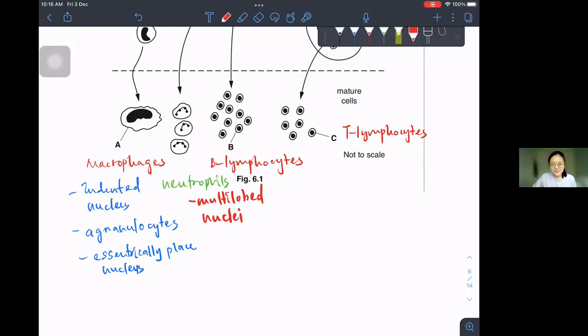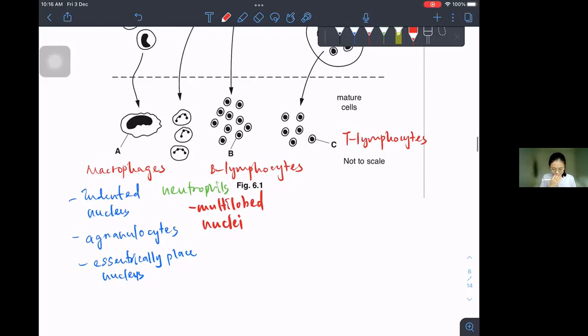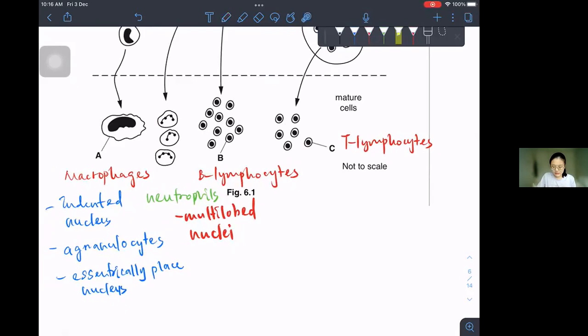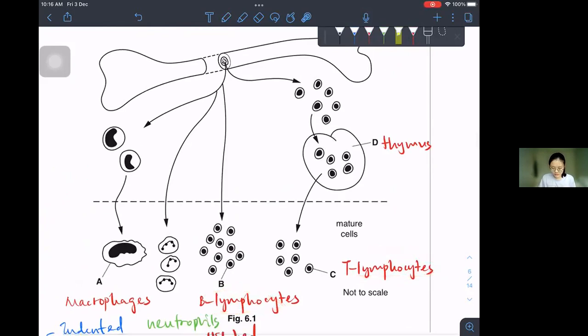Yes. So for B lymphocytes, we can identify by, you can see that the nucleus is almost covering the whole cell. So this is actually lymphocytes. But how we identify if it's a B lymphocyte or T lymphocyte is because from the bone marrow, the B lymphocyte is directly released into our blood.